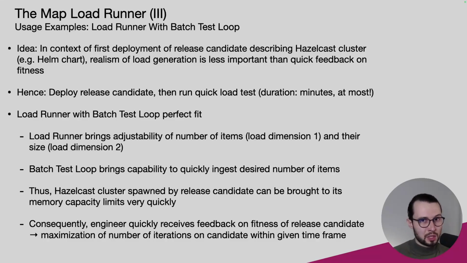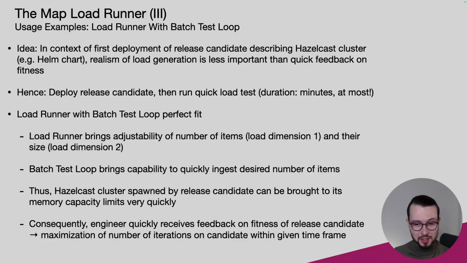And although the map test loop is much more advanced and gives you more flexibility in terms of modeling load according to what's there in production, it uses more CPU, it's more difficult to configure, and it's slower. So you can achieve a much higher number of sets per second, for example, if you use the batch test loop.